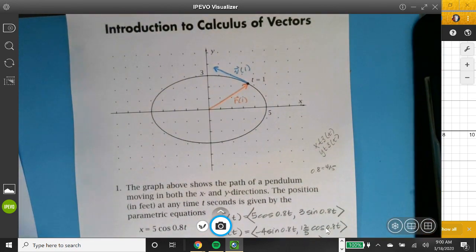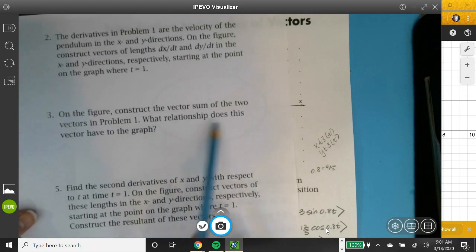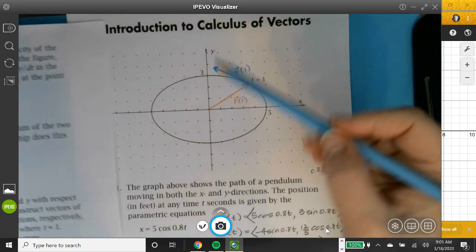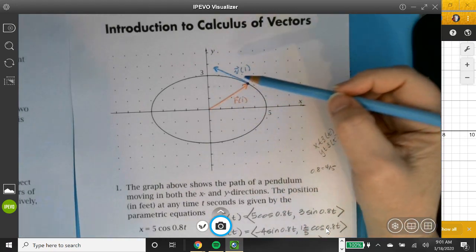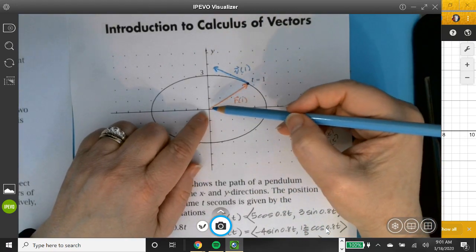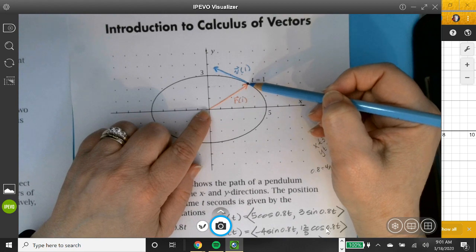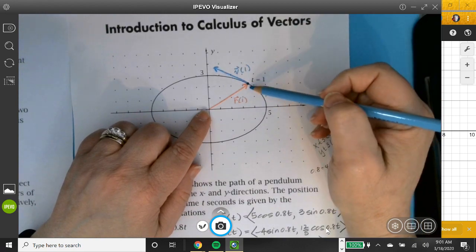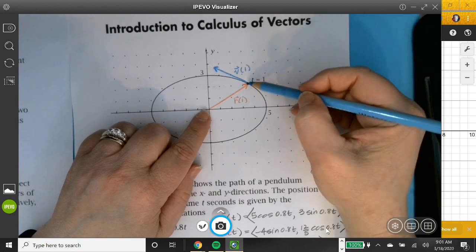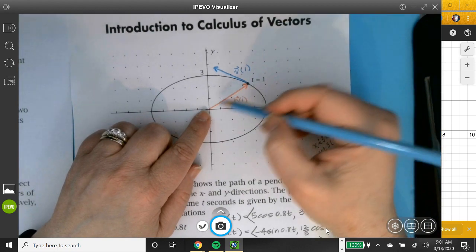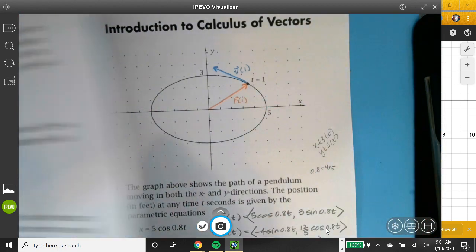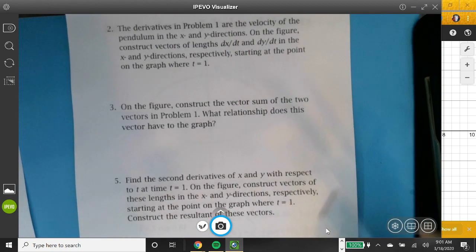Okay, now the question's asking us, what relationship does this vector have to the graph? If I put them in the summing position, right? Because when we add two vectors together graphically, we put the tail of one vector on the tip of the other. Okay, and when we do that, we get an addition situation. And what does this relationship have to the graph?